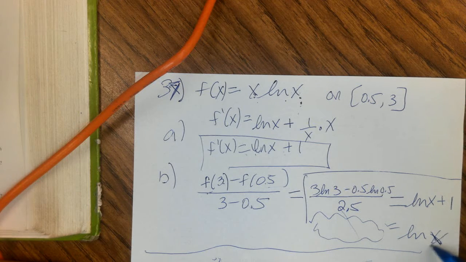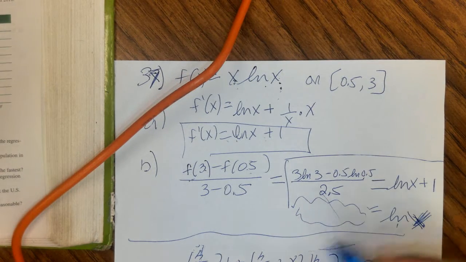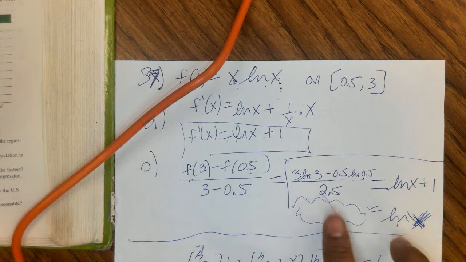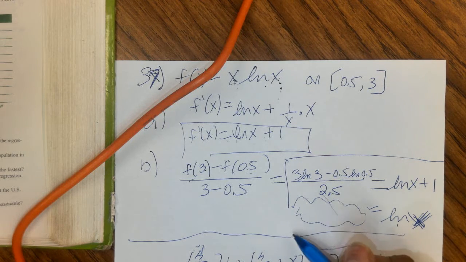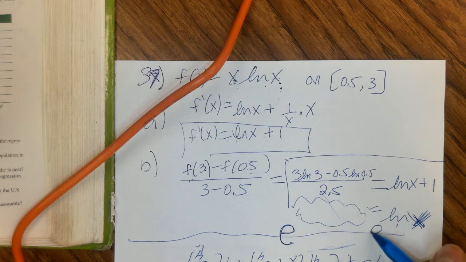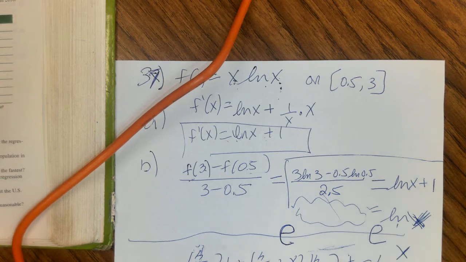And to solve for x, because you want the ln to go away, you're going to raise both sides to the power of, with the exponents, and the base is going to be e. It's called you exponentiate both sides. So you're going to take e to the natural log of x, which just turns into an x, which is what we want.